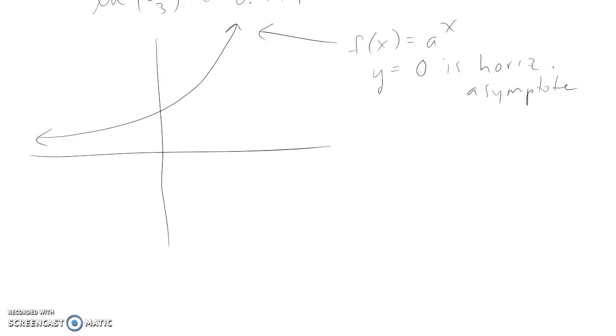You also know that inverse functions are reflections of each other over the line y equals x. So let's take this function and flip it over the line y equals x. Notice this function, by the way, is f of x equals log base a of x. It has the same base.